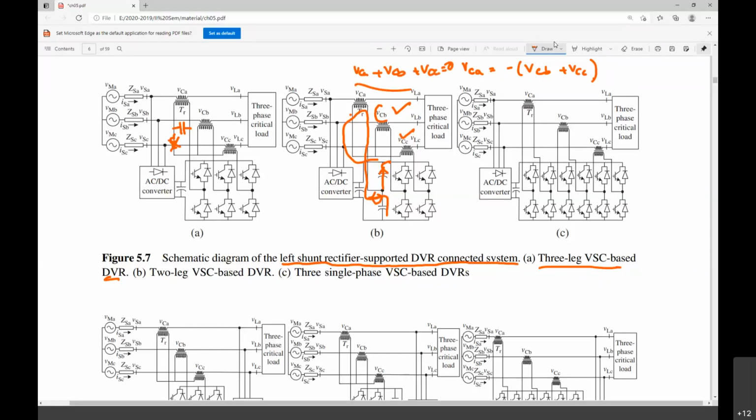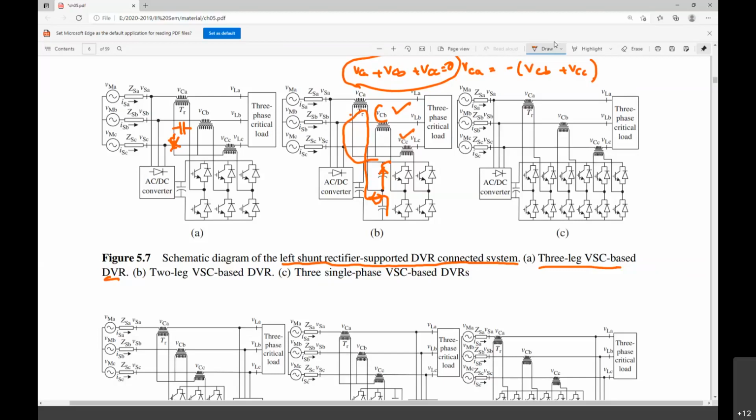Even if you take one of the cases of the switching operation and analyze it, it is obvious that the summation of the voltages VCA, VCB and VCC tends to 0.